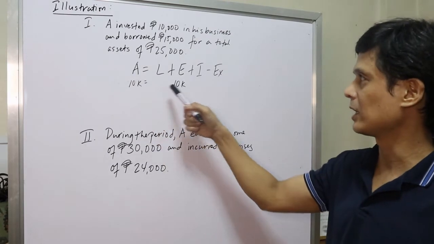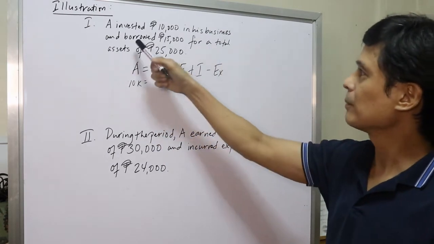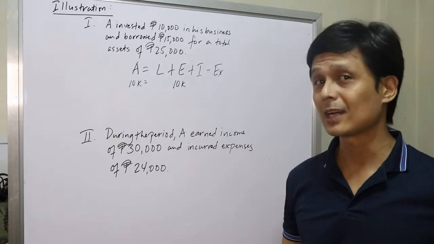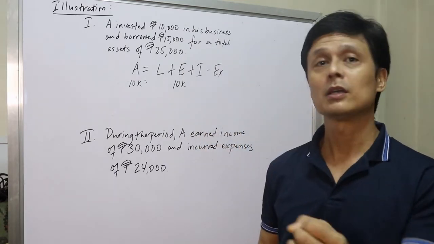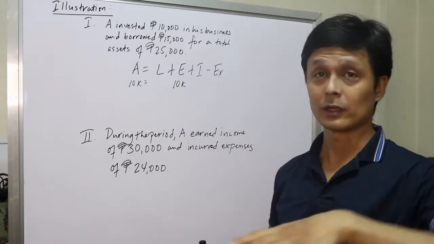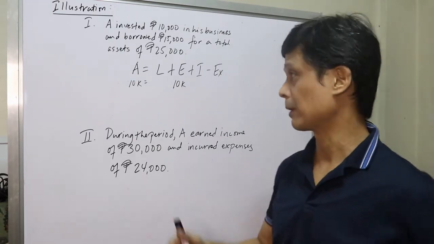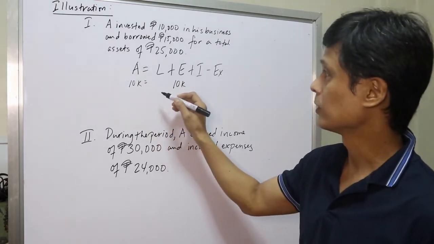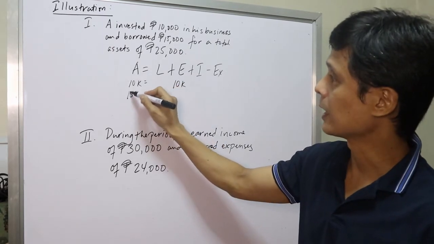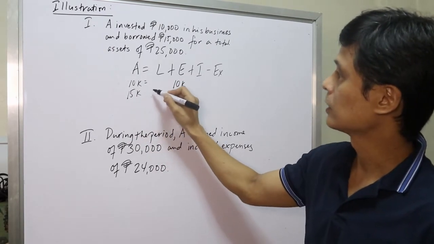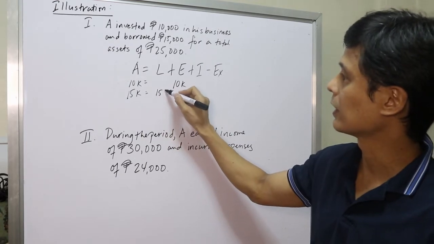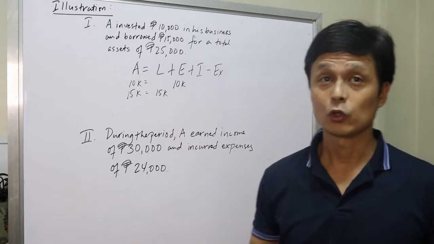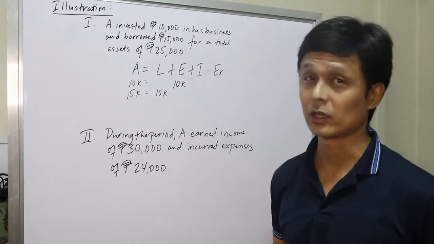So, makikita natin na in his business and borrowed 15,000. So, aside from the 10,000, which is his own money, nangutang pa siya, no? Para madagdagan yung assets niya in the form of cash by 15,000. And then yung liabilities niya nadagdagan rin ng 15,000 because yung 15,000 na yon inutang niya yon.